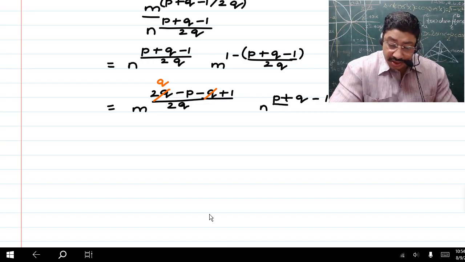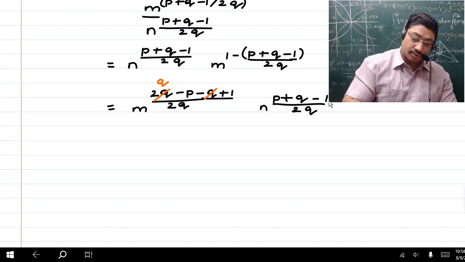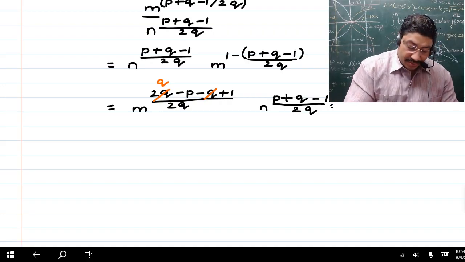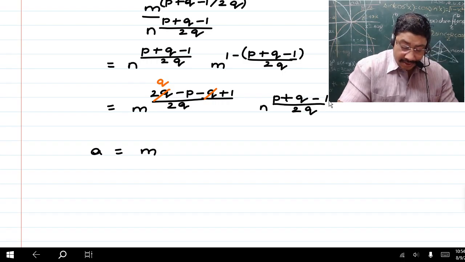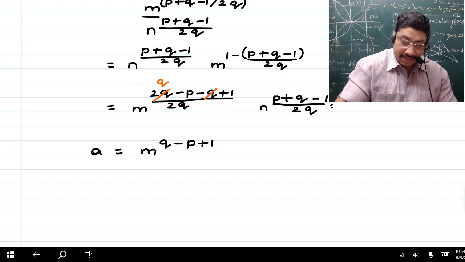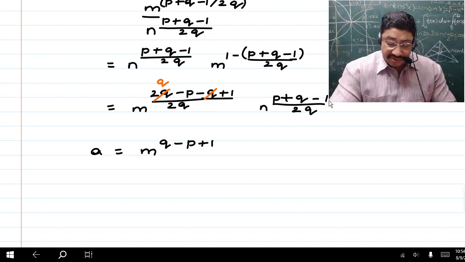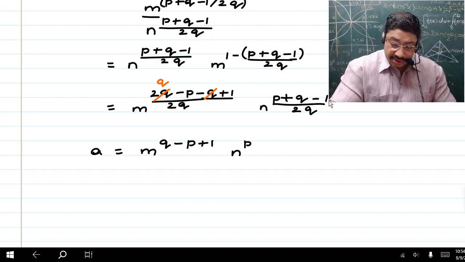Now you don't forget that the denominator of this is 2q also, right? So as such, we now have the value of a, which is m raised to the power q minus p plus 1, right? And further, the power of n, which is p plus q minus 1.